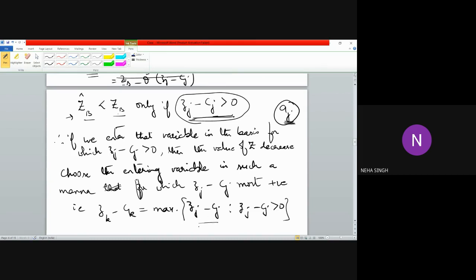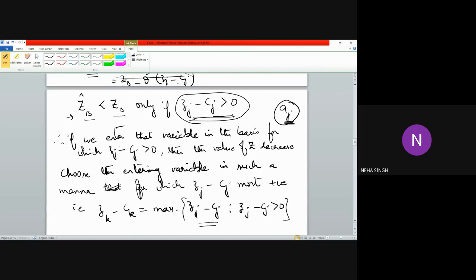So we choose that variable to enter the basis, and once such a variable enters, now what have we done? The moment we choose the maximum to enter, this will have the maximum contribution, and that means we will be able to subtract from Z the maximum amount possible at any given state. So what will it give?